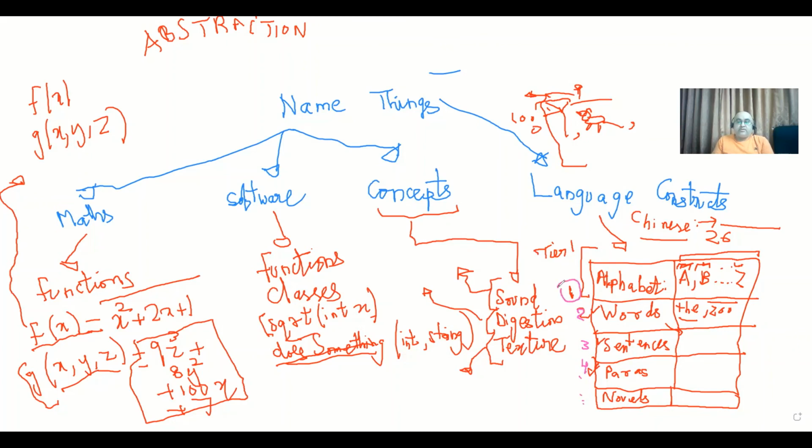So this choice of tier 2 being definable in multiple ways, in somewhat English style alphabet, or somewhat of a Chinese style alphabet, or somewhat of this hypothetical style alphabet in tier 1. My point is that at this tier, we could choose to define the abstractions differently, of course, with implications, right? So that basically is the power of abstraction.